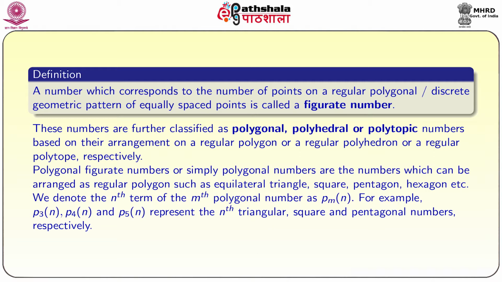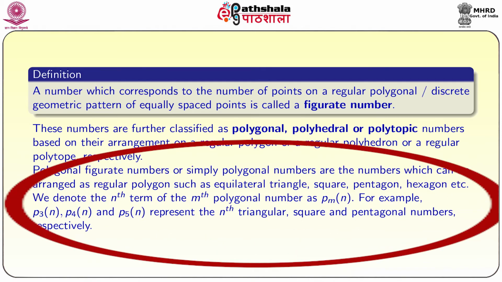Polygonal figurate numbers, simply polygonal numbers, are the numbers which can be arranged as a regular polygon, such as an equilateral triangle, a square, a pentagon, a hexagon, etc. We will denote the nth polygonal number as P_m(n).